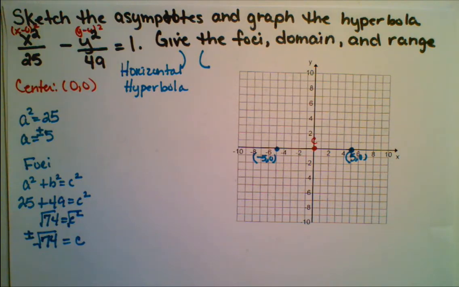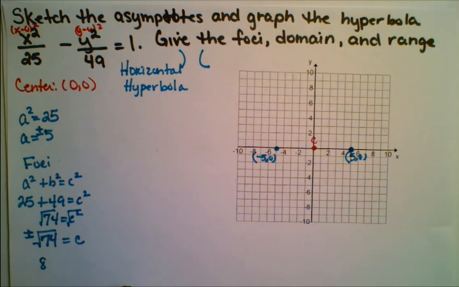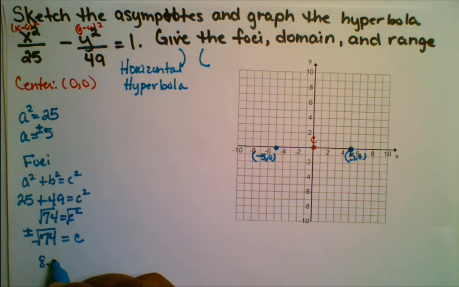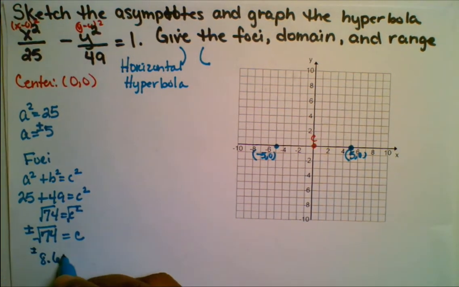Okay. Now, if we want to find the approximation for the square root of 74, let's go ahead and find that. We have here 8.6 plus or minus. That's the approximation.